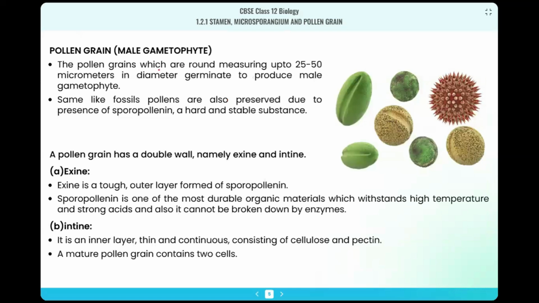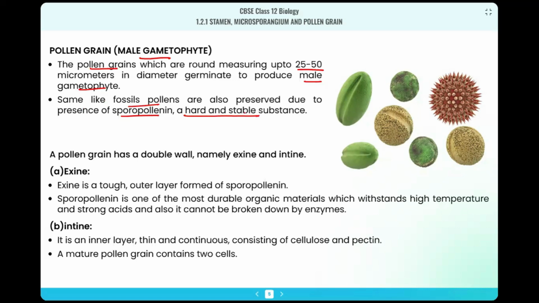So the pollen grain is also called a male gametophyte. The pollen grains measure up to 25 to 50 micrometers in diameter, and germinate to produce the male gametophyte. This we already mentioned in the previous slides as well. Now, like fossils, pollens are also preserved due to the presence of sporopollenin, a hard and stable substance.